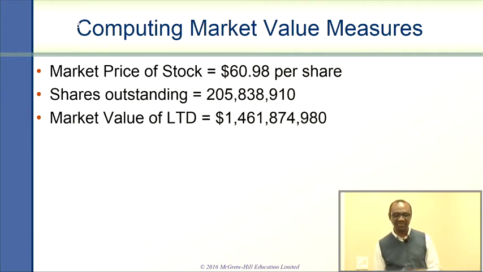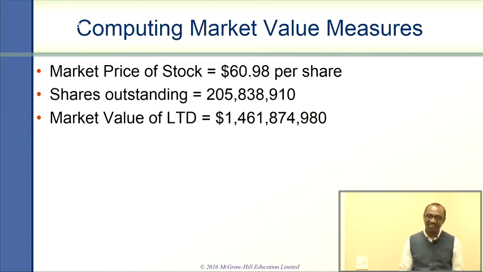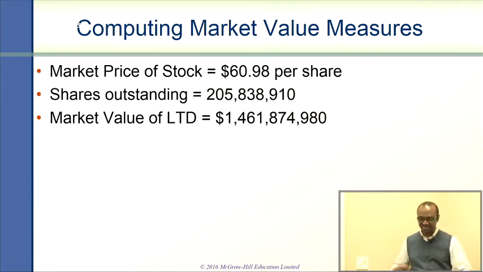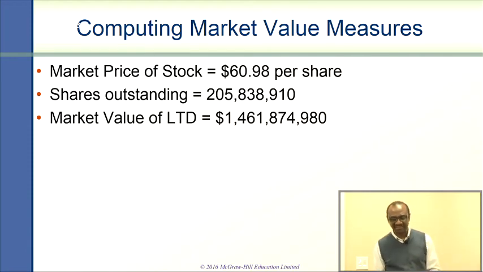So market value. Now, the market value that we show of the debt here is simply because of the rate that's obtainable on the open market. So the one we represent in the statement of financial position was the book value, whereas the market value has gone up. So this is the position of the debt.